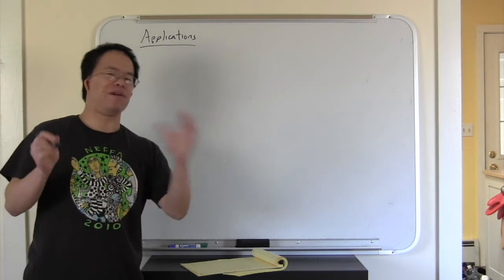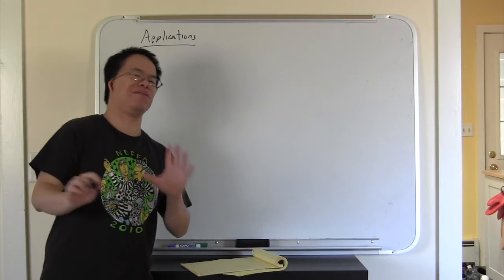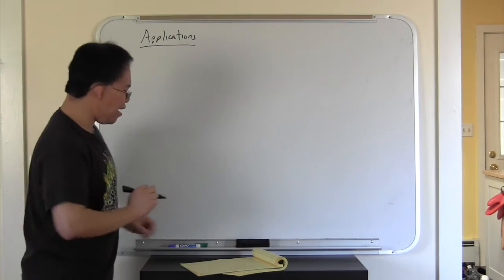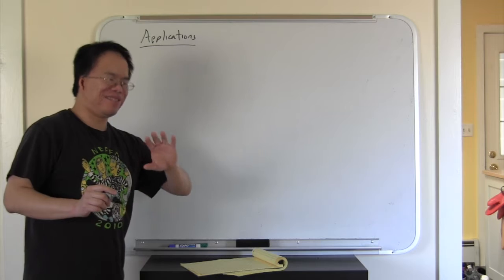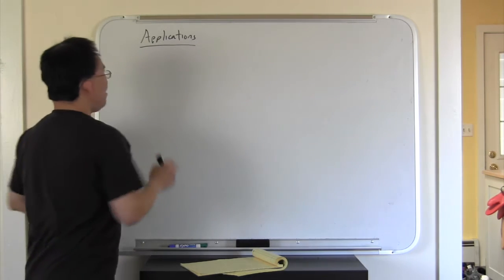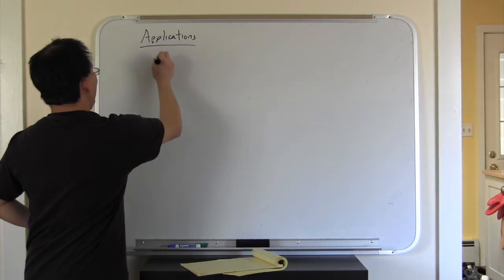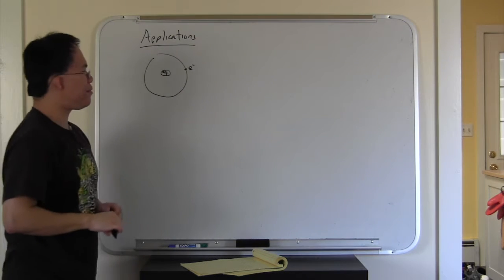So let me give you a very hand-wavy plausibility argument that suggests where this might come from. Because we're being hand-wavy, I'm going to just go back to the Bohr model for a second, even though it's wrong. In the Bohr model, we have our proton and we have our orbiting electron.